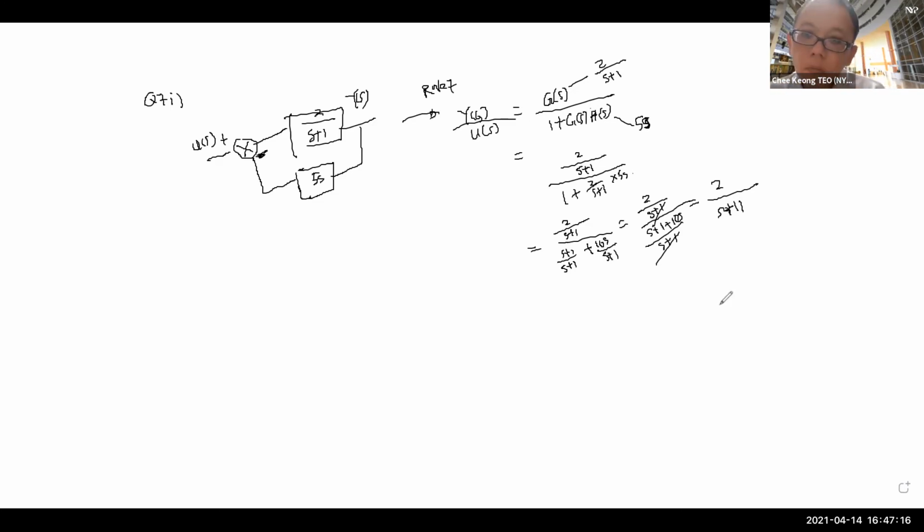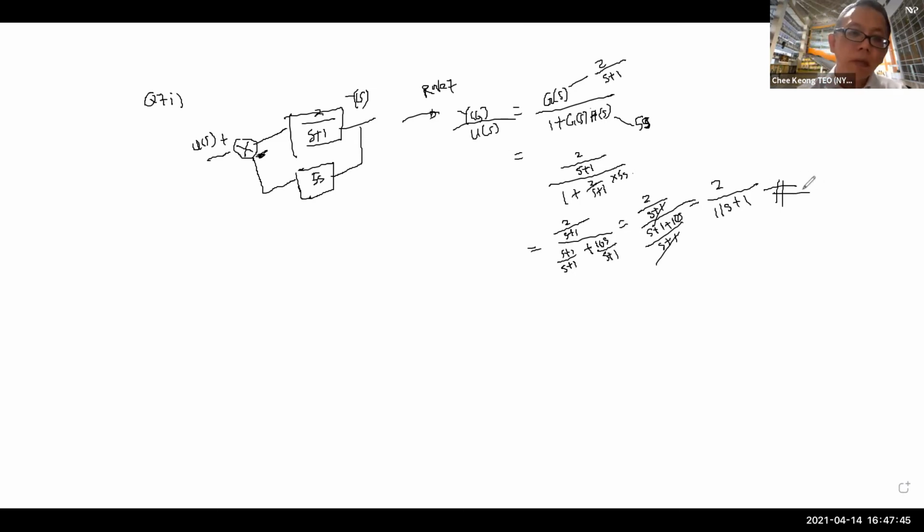Sorry, it should be 11s plus 1, not the other way. Because 10s plus s is 11s, plus 1. Also, this is basically a first order system after simplification. That is for part 1.